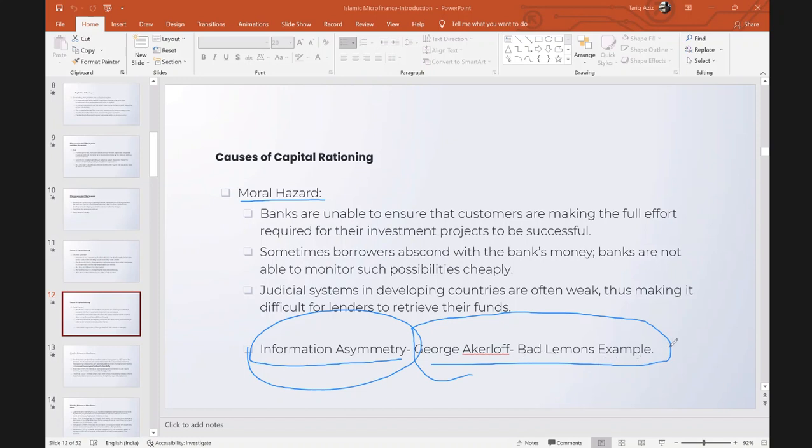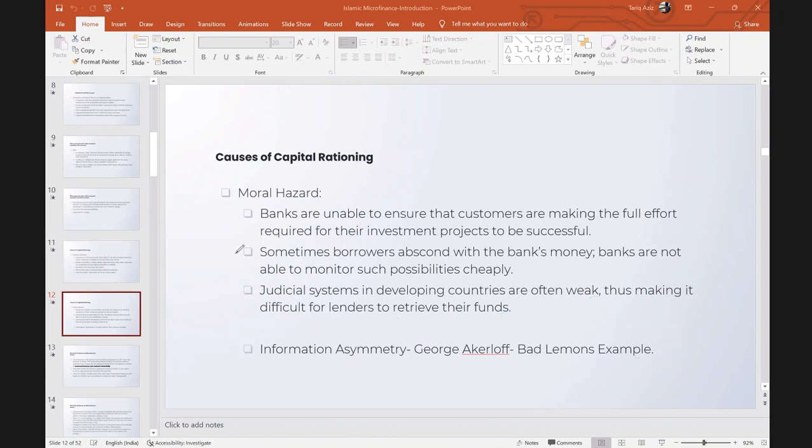This example is known as the bad lemons example. He gave the example of lemons, that if customers are not able to differentiate between good lemons and bad lemons, then the market will be filled only with bad lemons. Nobody will buy good lemons, because it is very difficult to ascertain which lemons are good and which are bad. The same thing happens in the lending business also, that it is very difficult to ascertain which customers are honest and which customers are dishonest.